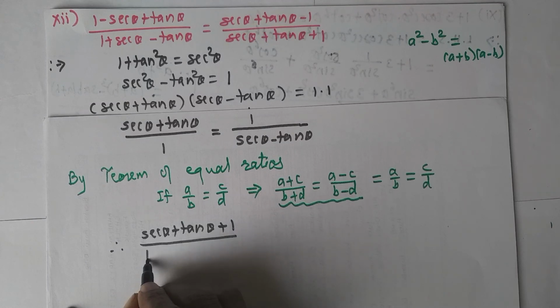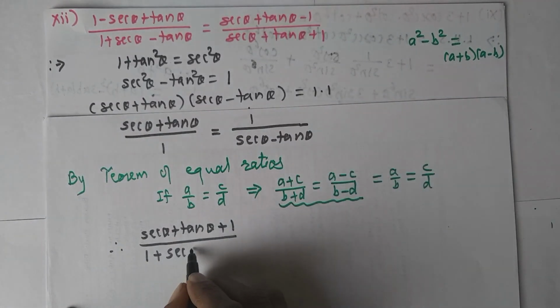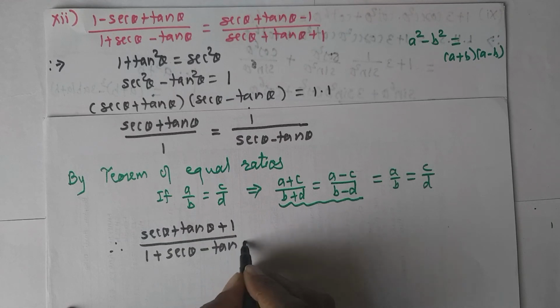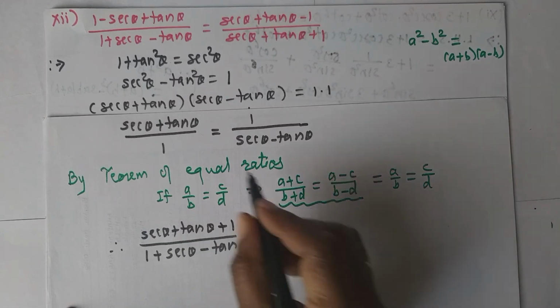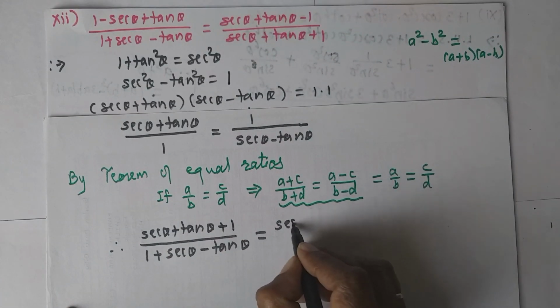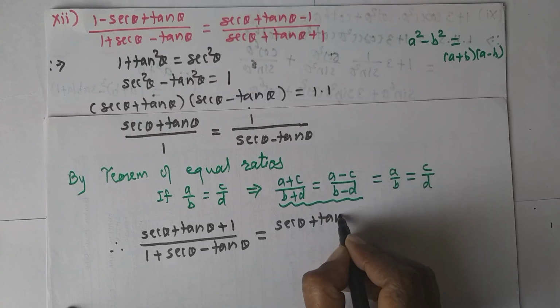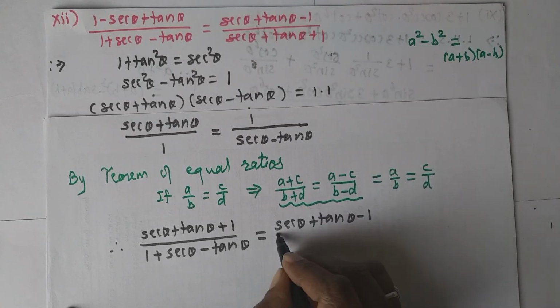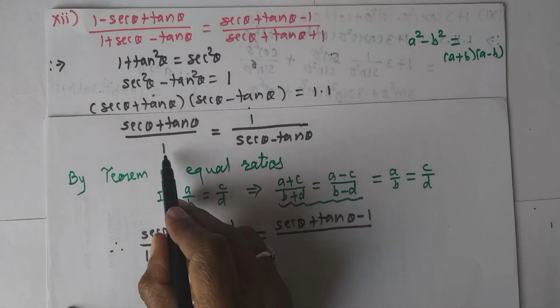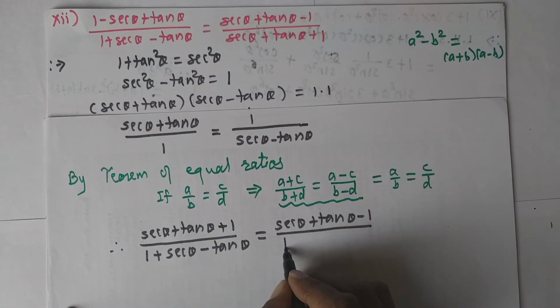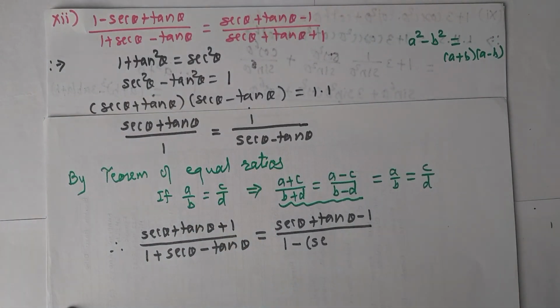B is 1 and d is sec theta minus tan theta. And this is equal to a minus c, that is sec theta plus tan theta minus 1, divided by b minus d. B is 1 minus, I will take a bracket here.